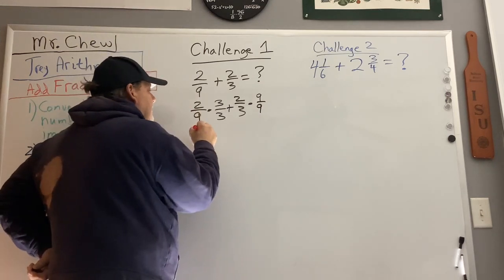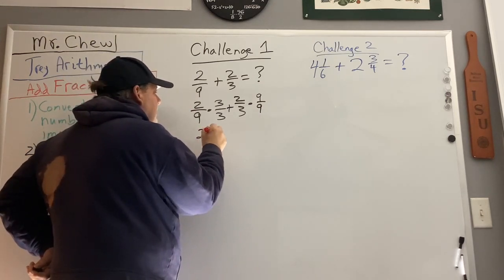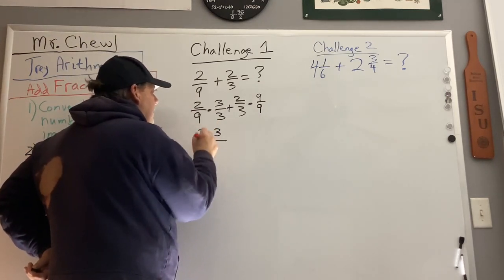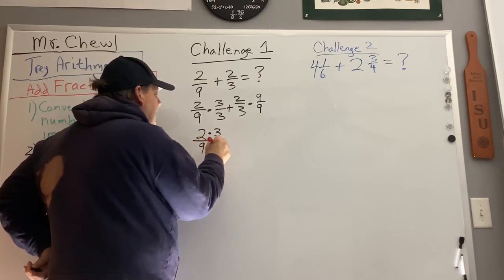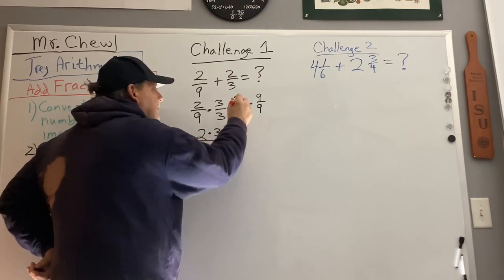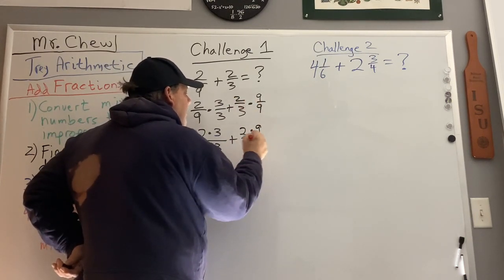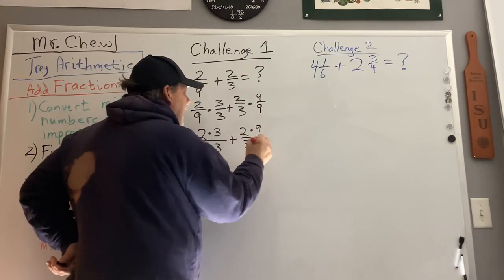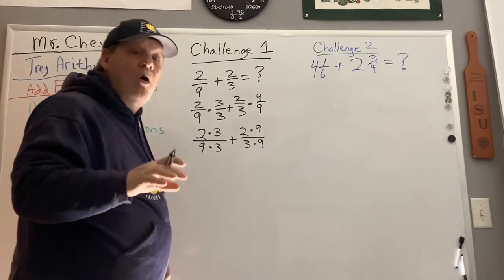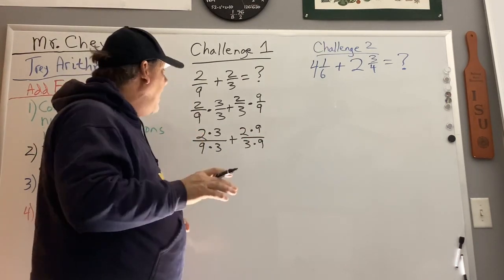So this becomes 2 times 3 over 9 times 3 plus 2 times 9 over 3 times 9. Because that's the way you multiply 2 fractions.